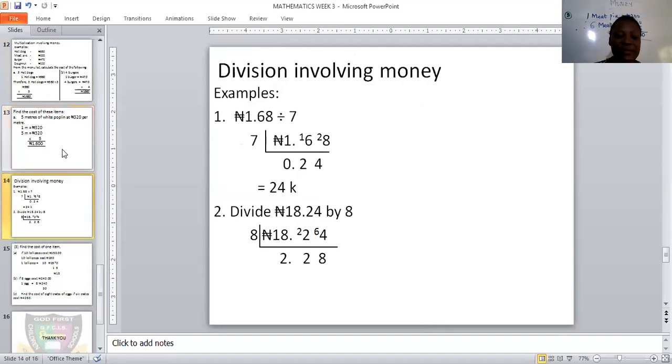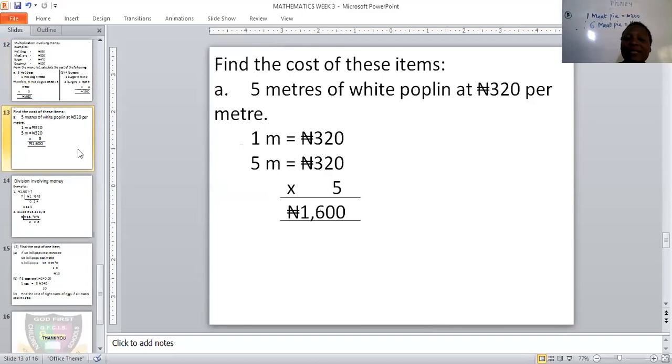So you have 5 times 0 as 0. 5 times 2 as 10. You write 0, carry 1. 5 times 3 is 15 plus 1, 16. So 5 meters of white poplin will go for 1,600 naira.